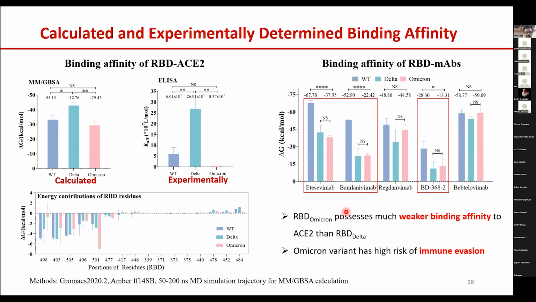So all the MD simulations revealed that the RBD domain of Omicron possesses much weaker binding affinity to hACE2 than the RBD domain of Delta, and also this Omicron variant has high risk of immune evasion.